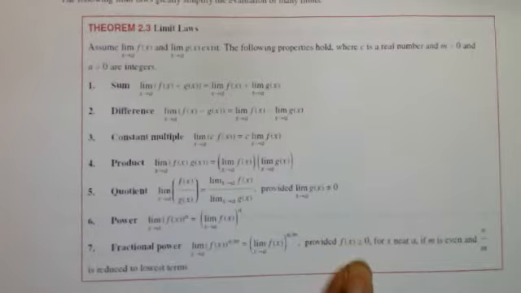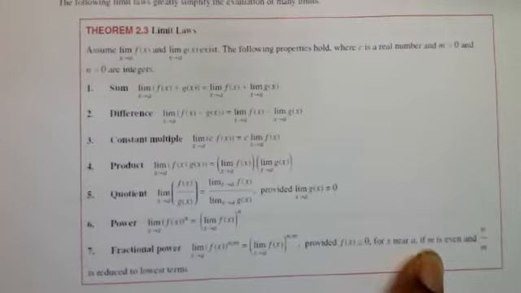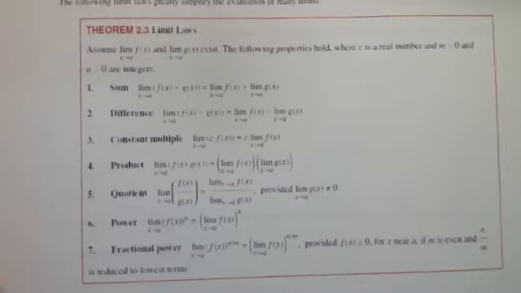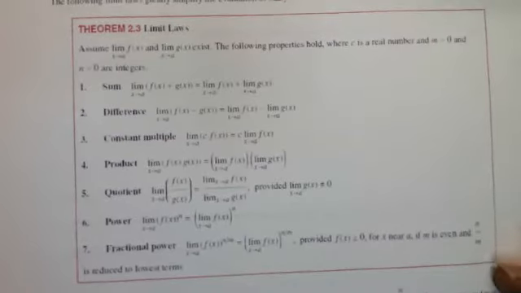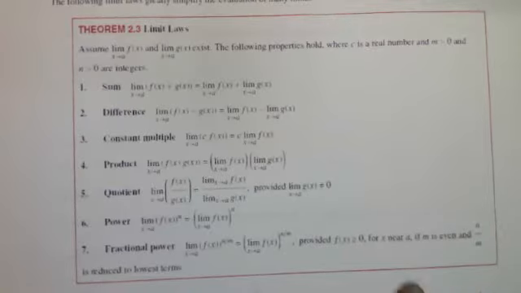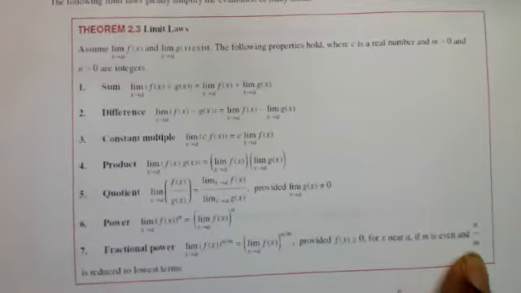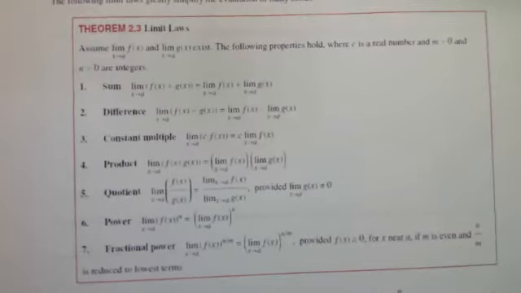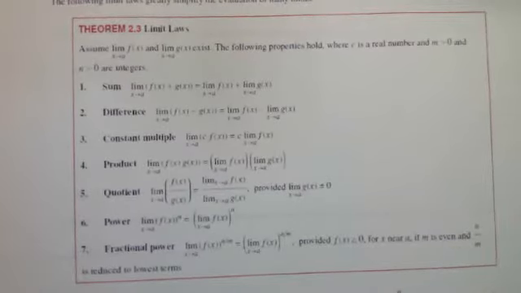The provision here is that your f of x has to be greater than or equal to 0 for x near a, if m is even and n over m is reduced to lowest terms. Your m has to be an even number. N over m must be in lowest terms.